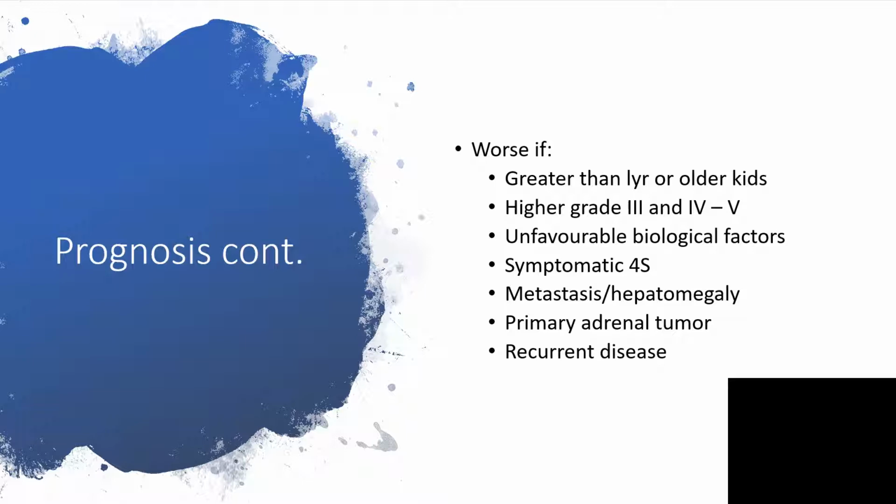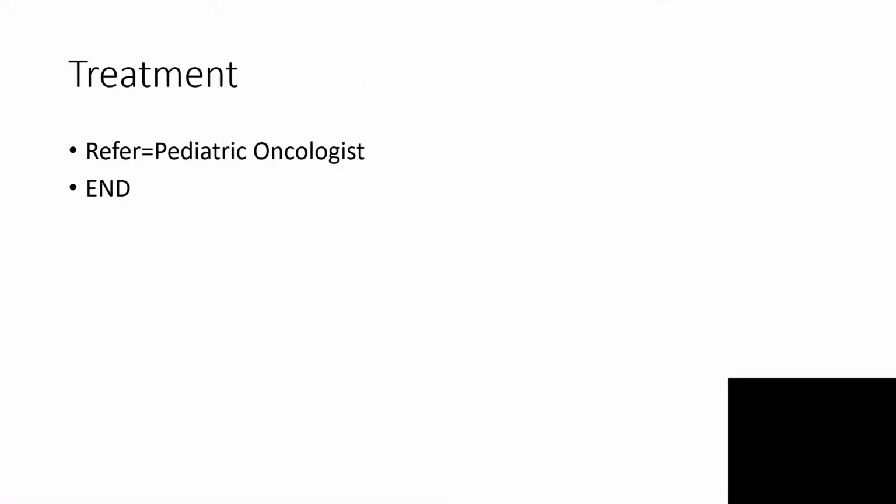If there are unfavorable biological factors or symptomatic 4S stage with metastasis or hepatomegaly, that's bad. If there is primary adrenal tumor or with recurrent disease, that is bad. How do we treat? Just refer to pediatric oncologists.